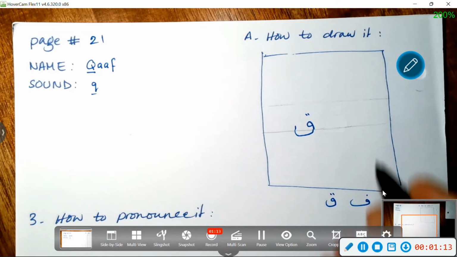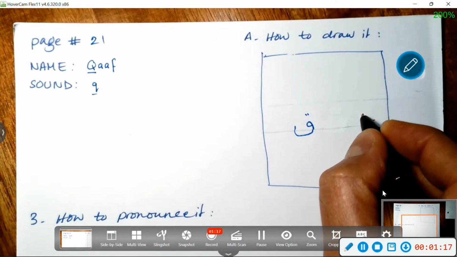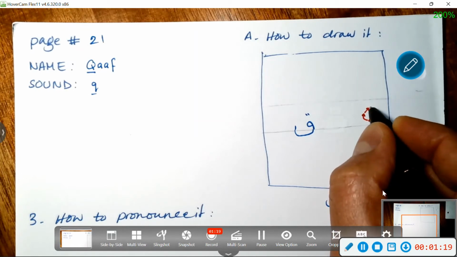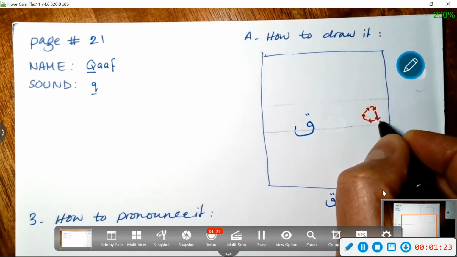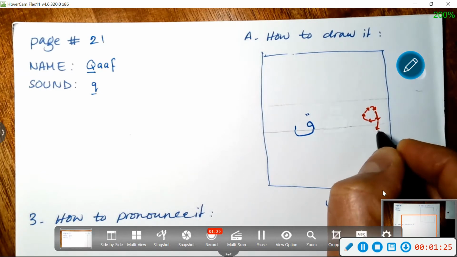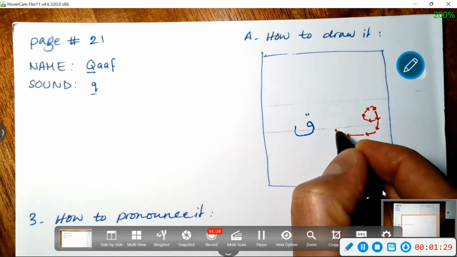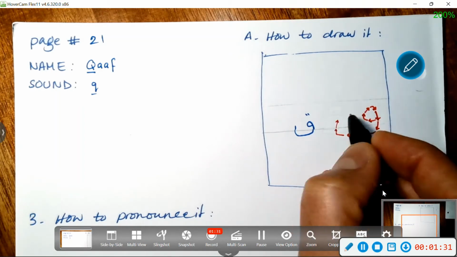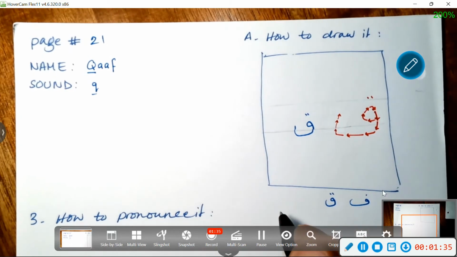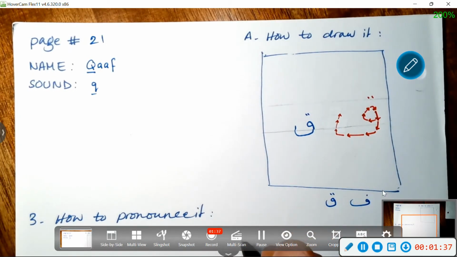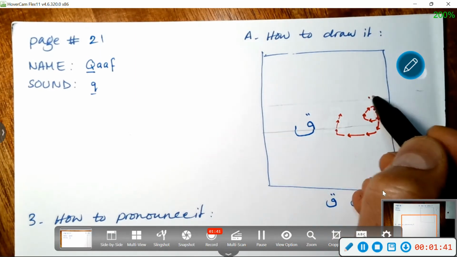And the way we draw it, we start from here all the way and then Qaaf. So one shot, Qaaf, and at the end you put the two dots.